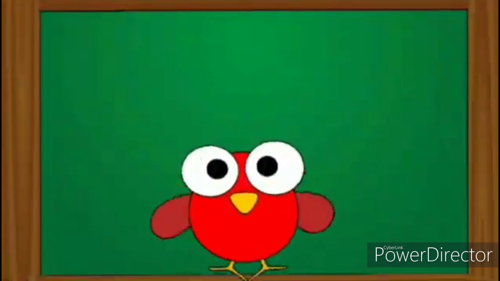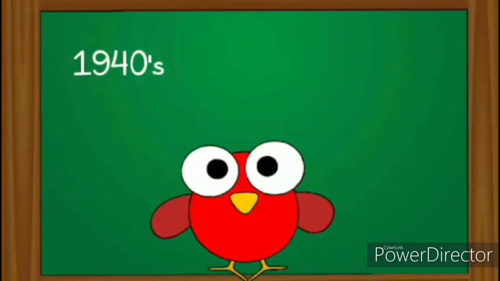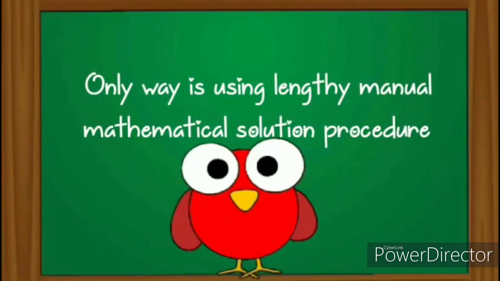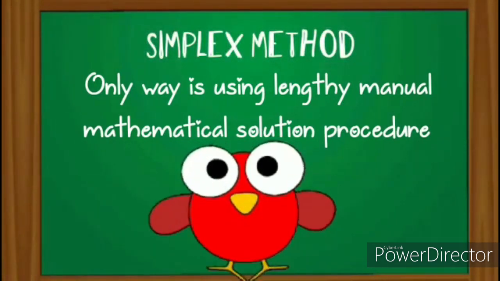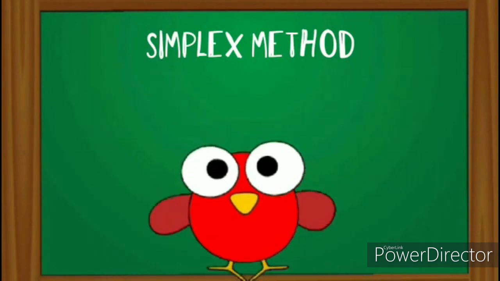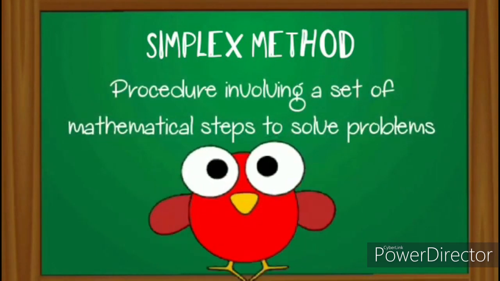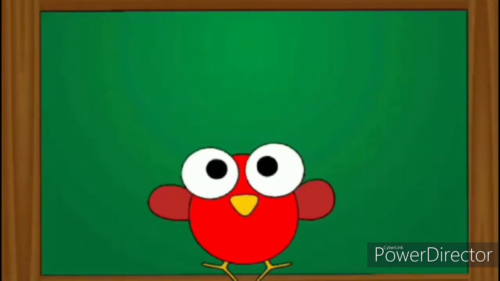When linear programming was first developed in the 1940s, virtually the only way to solve a problem was by using a lengthy manual mathematical solution procedure called the simplex method. The simplex method is a procedure involving a set of mathematical steps to solve linear programming problems.